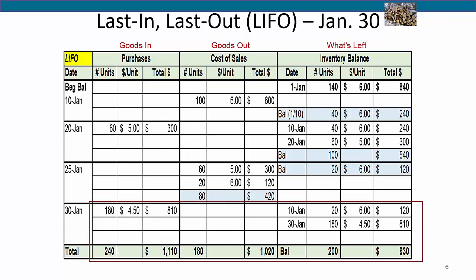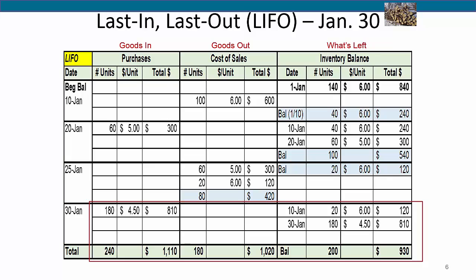Now finally, on January 30th, 180 more units are purchased with a cost of $4.50 each, or $810 in total. This purchase is added on to the inventory previously on hand on January 25th, and now we have 20 units costing $120 and 180 units costing $810 for a total quantity in the warehouse of 200 units costing $930.